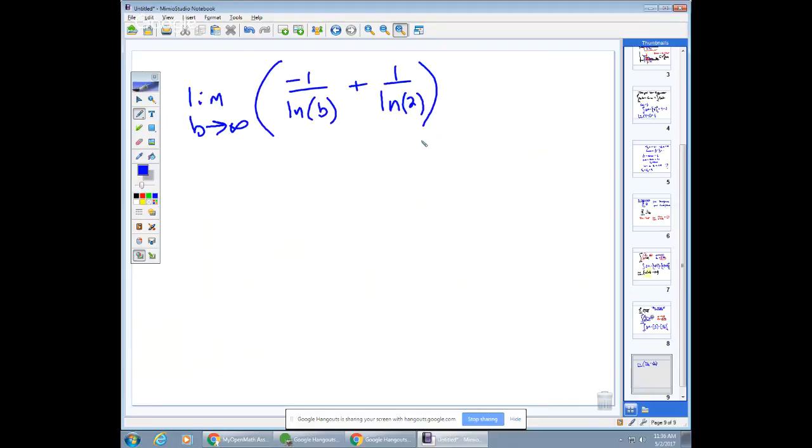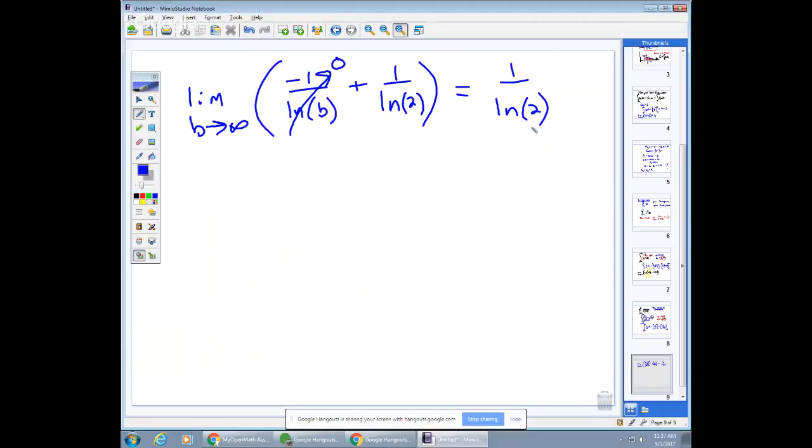And let's see, can we sneak in there? If we sneak in there, b is getting big, so the natural log is slowly getting big with it. So we have negative 1 over a bigger number. That goes to 0. Ah, we found an edge. So this limit is 1 over the natural log of 2.